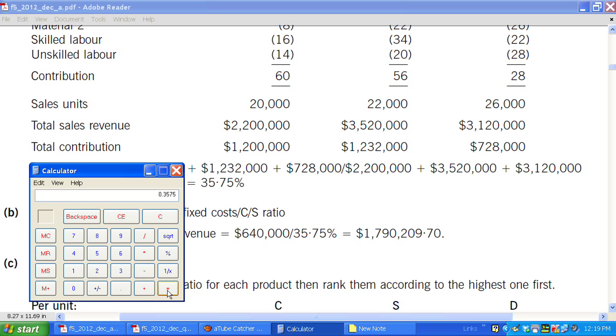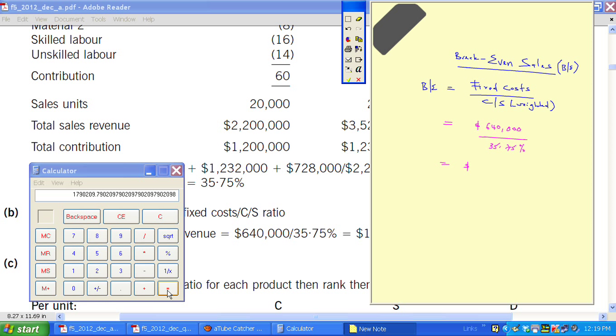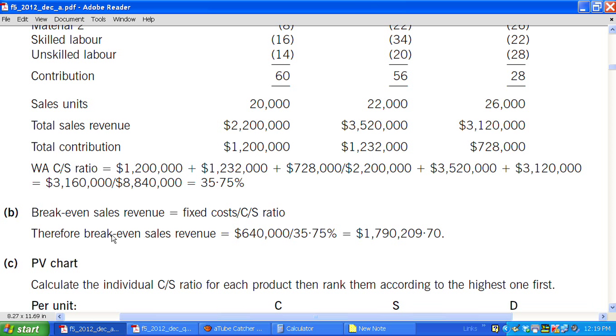Convert the percentage to decimals, and you can see right there that we end up with 179,029.79. And that right there is your break-even. So it's very basic. Break-even is fixed cost over CS ratio.